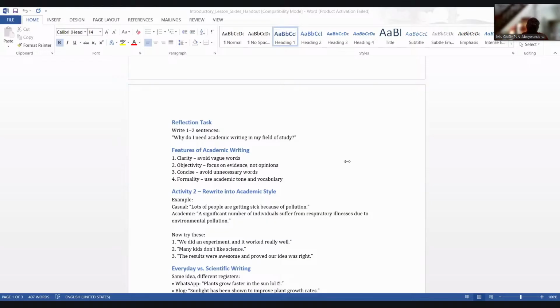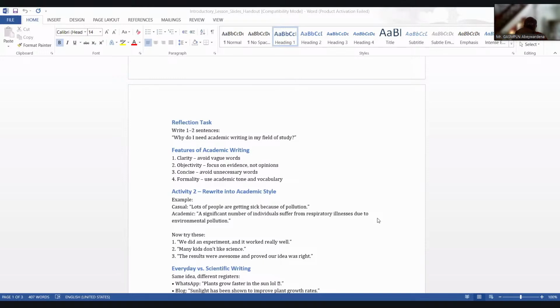One more, ICT. Academic writing helps me clearly explain scientific ideas, share research, and succeed in both studies and future scientific work. This is somewhat, what can you say? Vague.